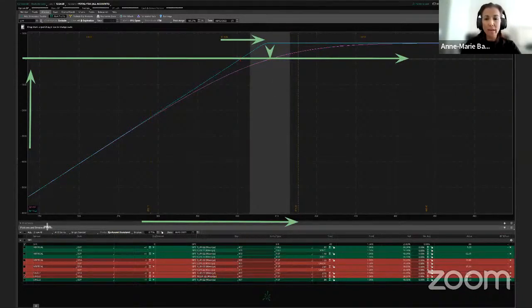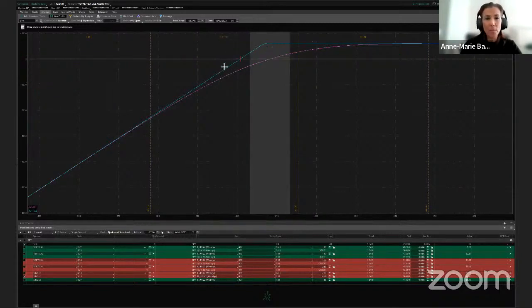So notice, again, if we sell the put, what happens to our profit? Let me clear all the drawings. If we sell the put and price goes down, we lose money. The moment it gets below this line, we're losing money.